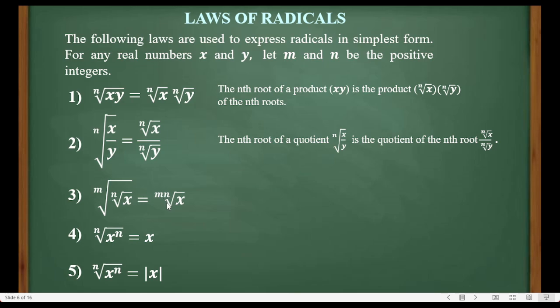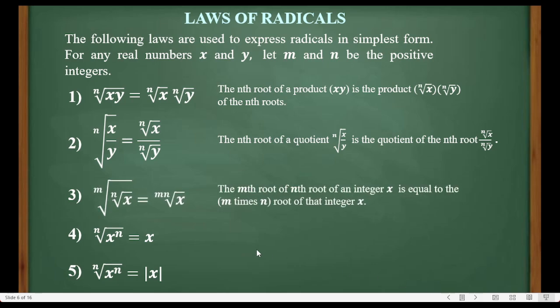So that is the mnth root of the same radicand represented by x. So for this third law, again, you read this as the mth root of the nth root of x, which is equivalent to the m times nth root of that integer x. And for number 4, the nth root of x to the n is equal to x.